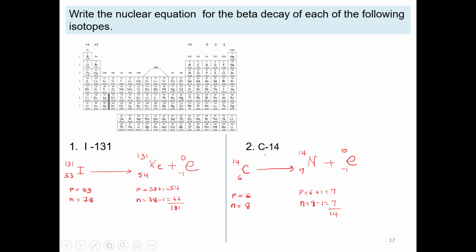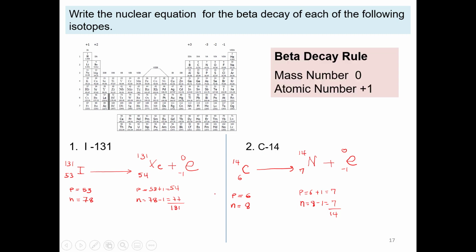And now we can write the rule for beta decay. If we want to write the equation, what do we need to take into account? The mass number stays the same. We don't need to add or subtract anything. But for the atomic number, we need to add 1.